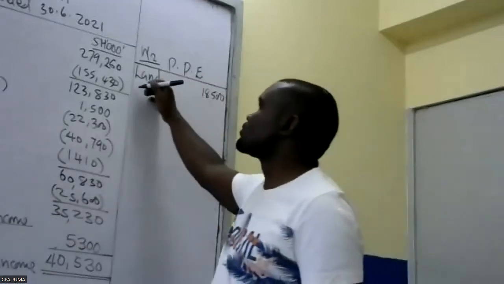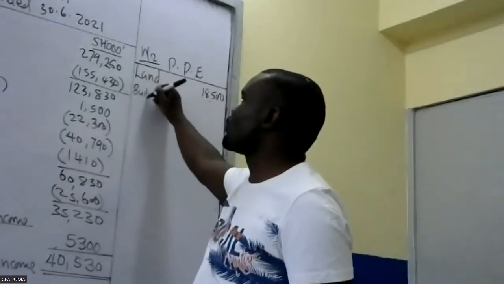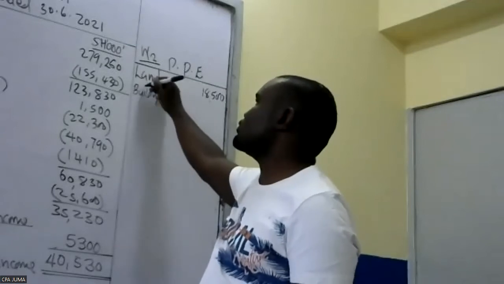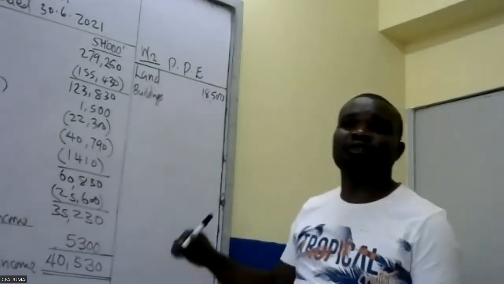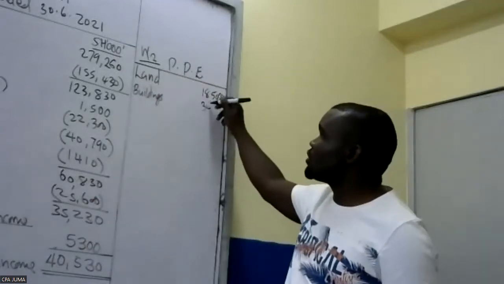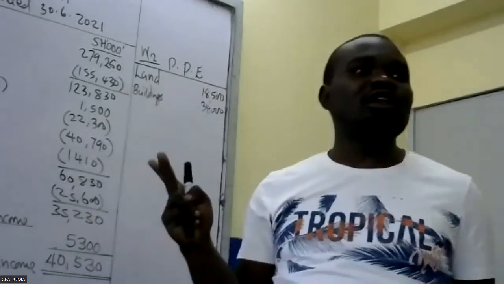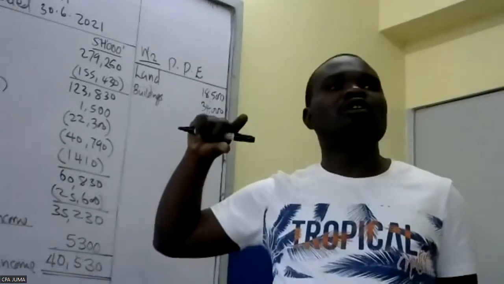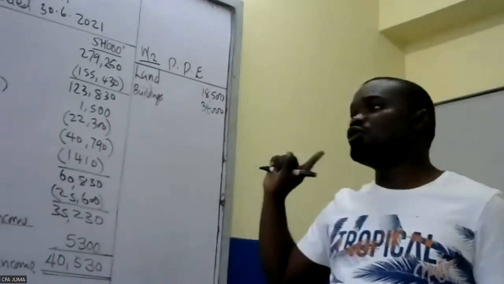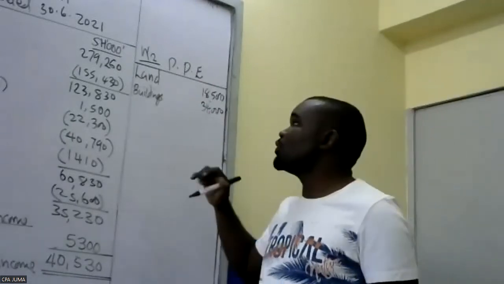Buildings were revalued to 34. The ones which were not revalued, you go for the net book value.